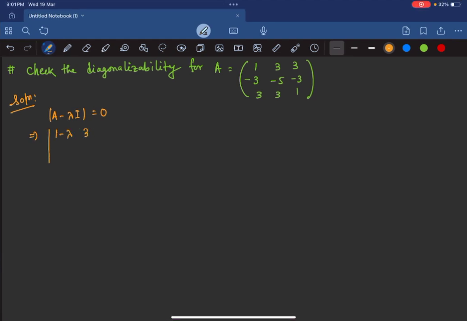So here, [1 minus lambda, 3, 3; minus 3, minus 5 minus lambda, minus 3; 3, 3, 1 minus lambda] is equal to 0. After simplification I got minus lambda cube minus 3 lambda square plus 4 equal to 0. You can verify this.